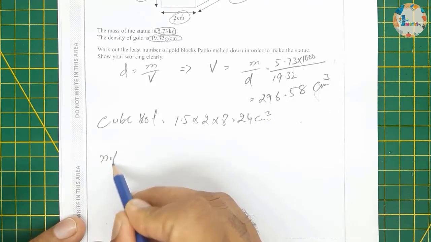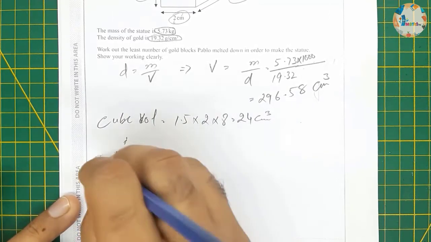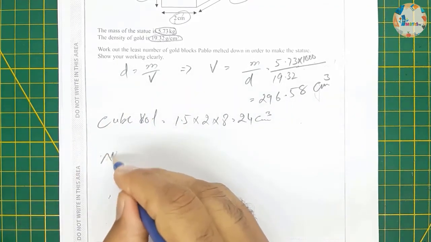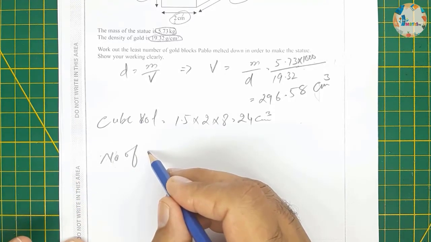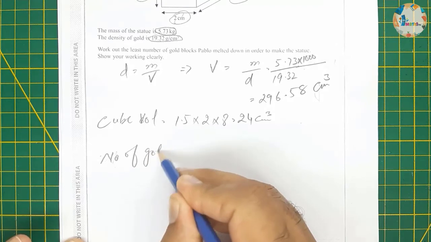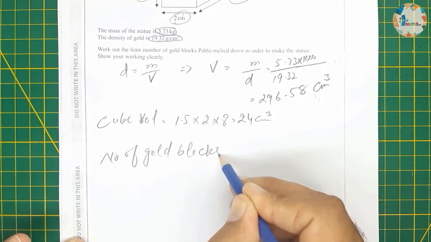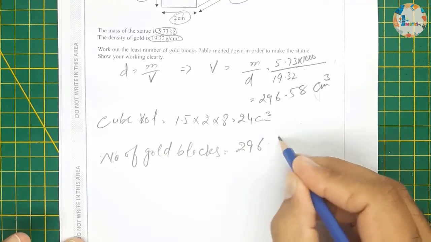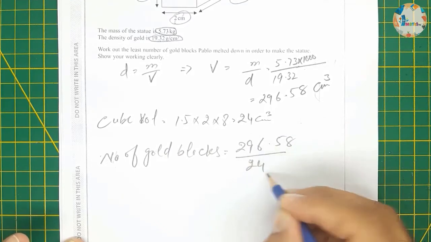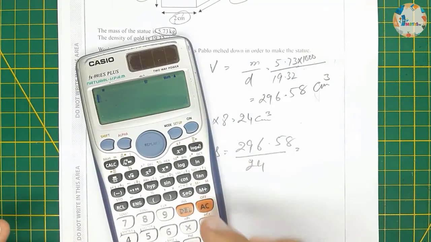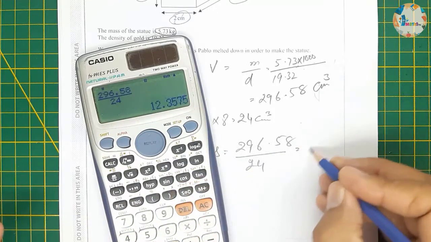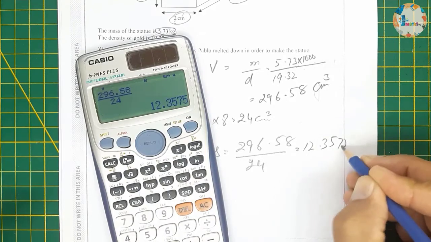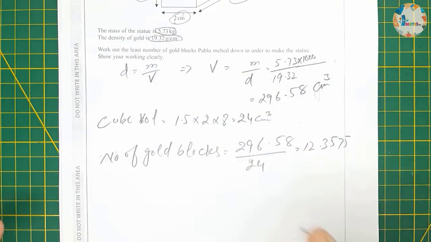So the number of gold blocks will be equal to 296.58 divided by 24, and this will be equal to 12.3575.